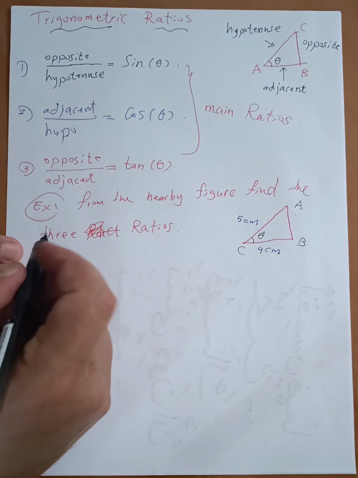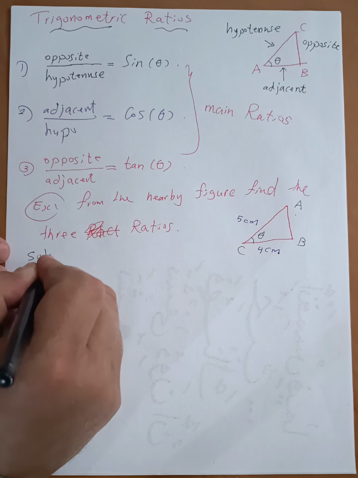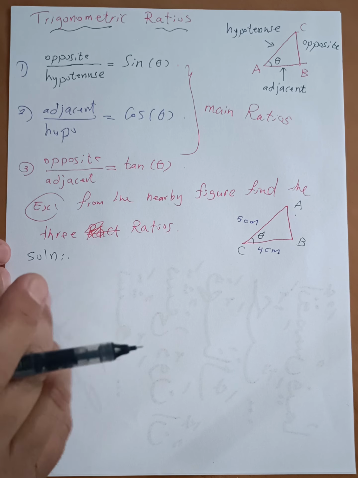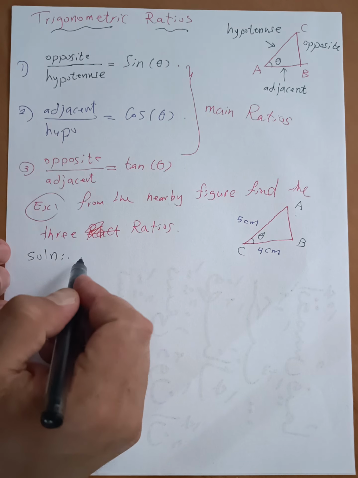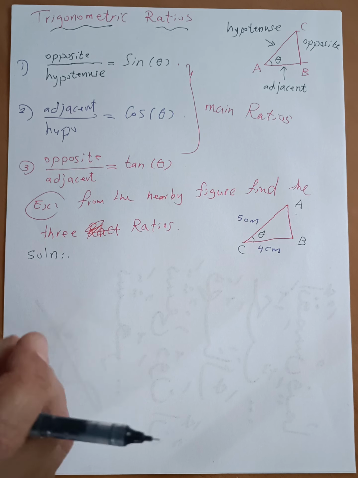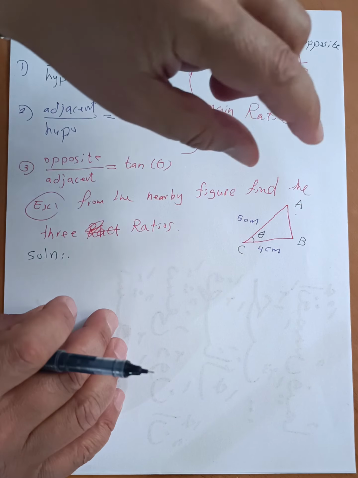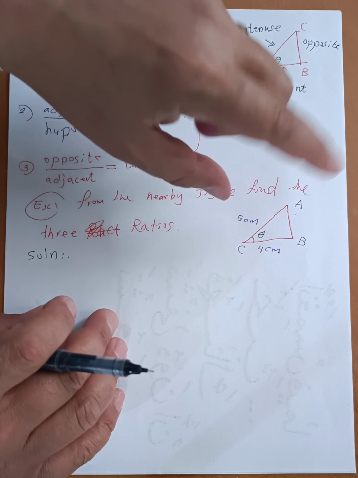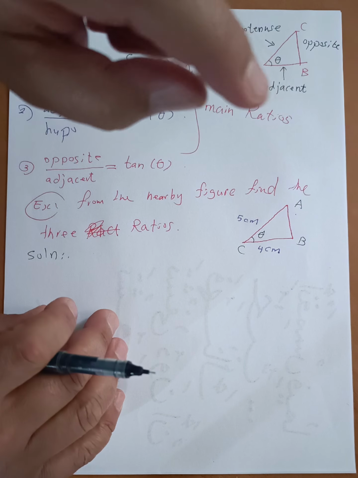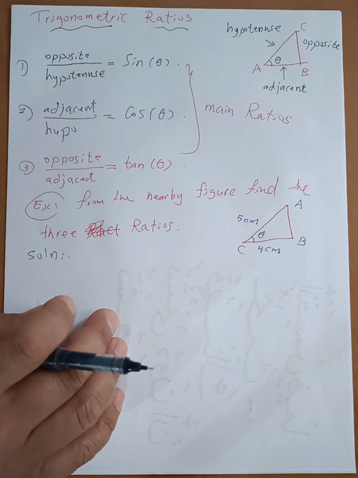Okay, I come and write the solution. When I want to solve this question, do not ever forget, dear students, when you want to solve any question in the trigonometric functions or ratios, the three sides of the triangle have to exist.